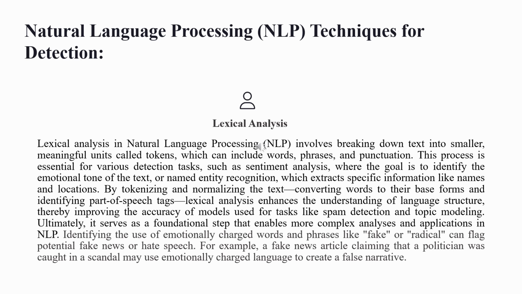By tokenizing and normalizing the text, converting words to their base forms, and identifying parts of speech, lexical analysis helps us understand the language structure better, which improves the accuracy of models used in spam detection, topic modeling, and many more.